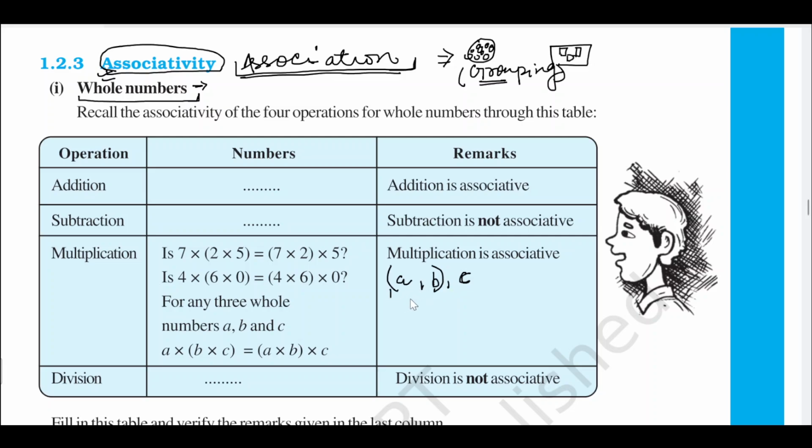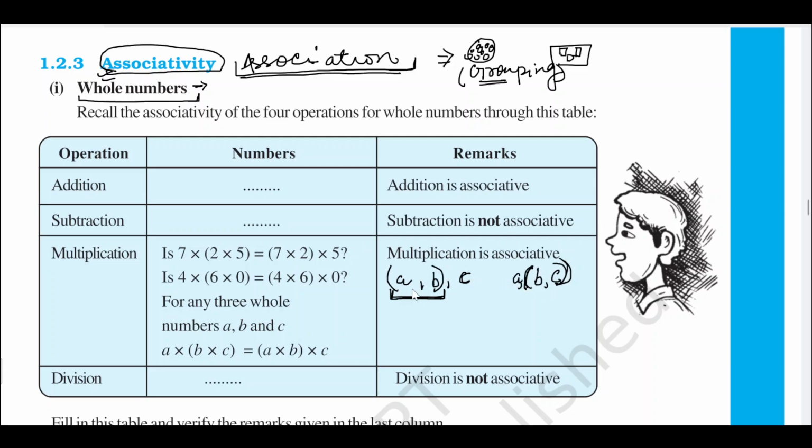Bracket means you give precedence to things under the bracket first. Another group has the same members A, B, C, but here we have included B and C under the bracket. So B and C are now being given more precedence.